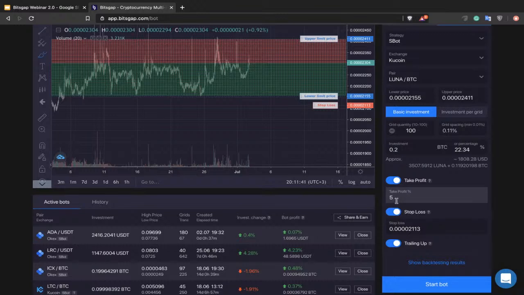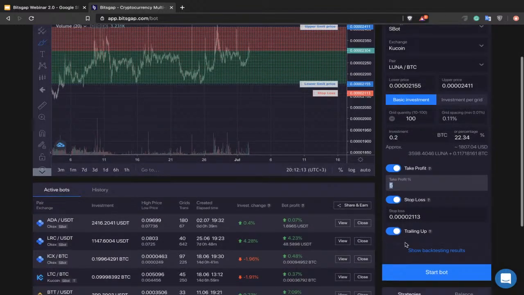So as soon as the investment change reaches 5%, so here notice LRC trading to USDT, that's 4.28% of the investment change. As soon as it reaches 5% of the take profit, the bot will automatically sell LRC to USDT and it will be cancelled out.